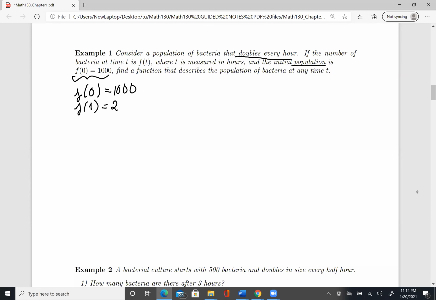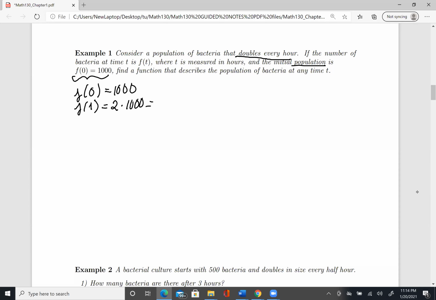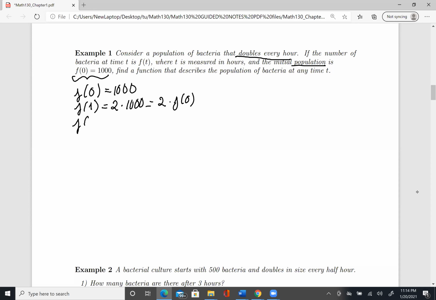Let's say 2 times 1000. Then I have 2 times f(0), right? What about f of 2? I'm going to have 2 times the previous one, right?